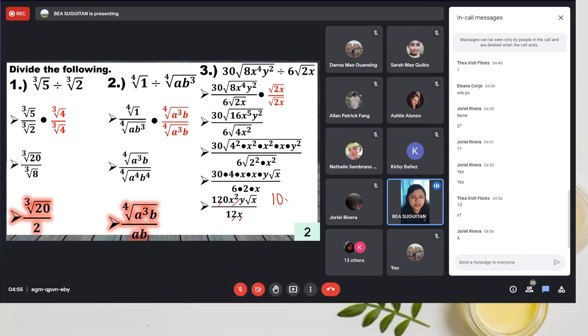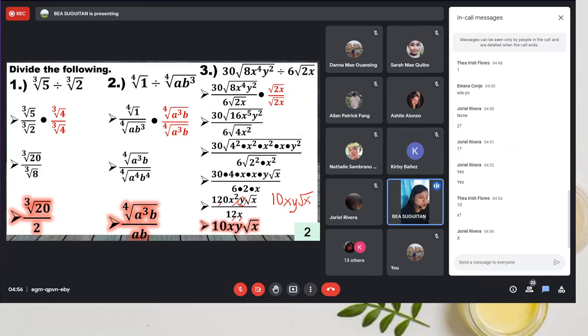Sabi ni Joriel then x. Okay, that is correct. We just have to subtract the exponents of our x. So, x squared over x, it will give you x. Okay, so since si y, wala naman siyang kapartner dun sa ating denominator, you just have to copy that. Same thing with square root of x. Therefore, the final answer for that is 10xy square root of x.